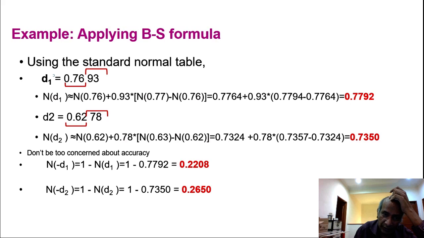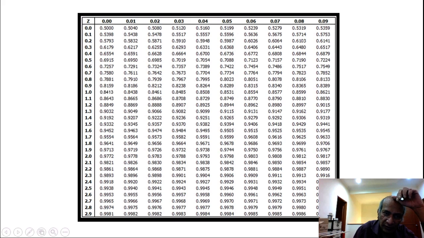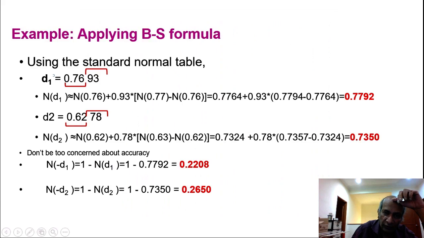So similar to here, ND2, you got N of 0.62. So in the table you go to 0.6 and couple it up with 0.02. That is 0.7324. You see there? There you are. And you have got 0.63, just one step higher.